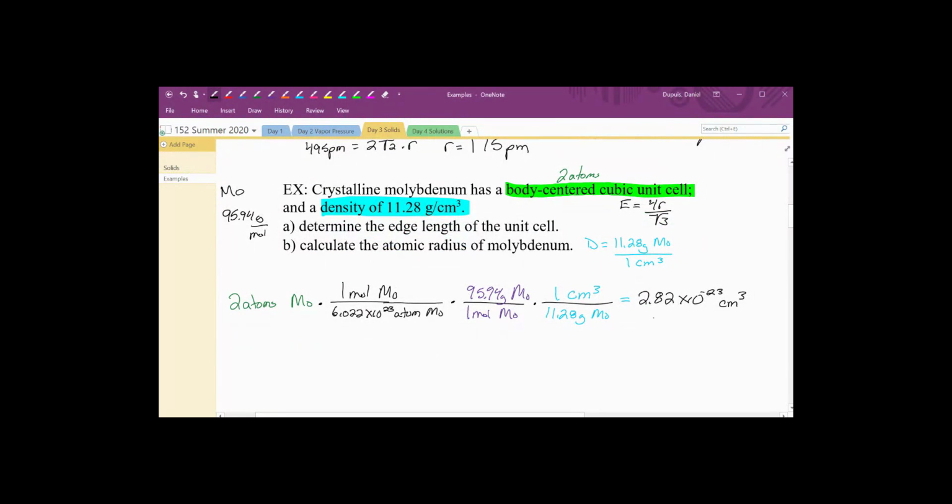So there's my volume. The edge of the cell is equal to the cube root of the volume.